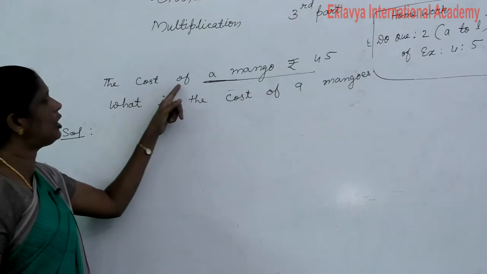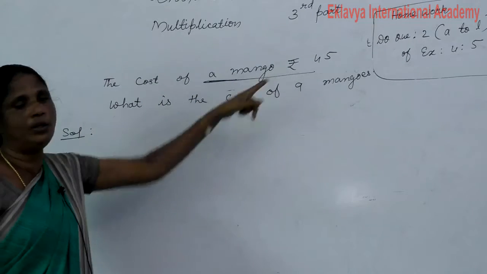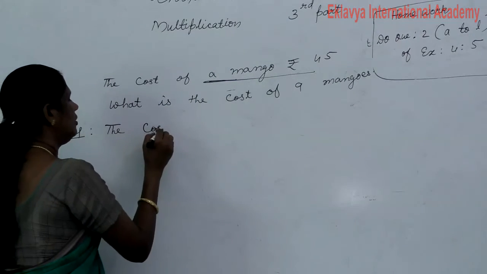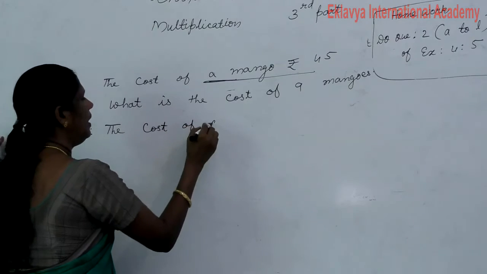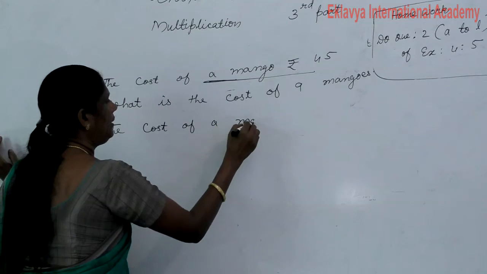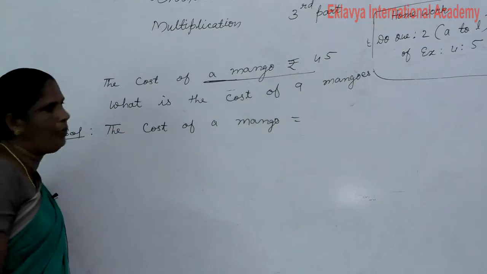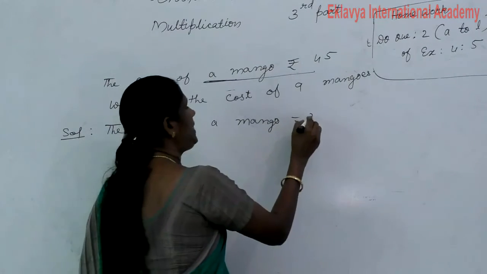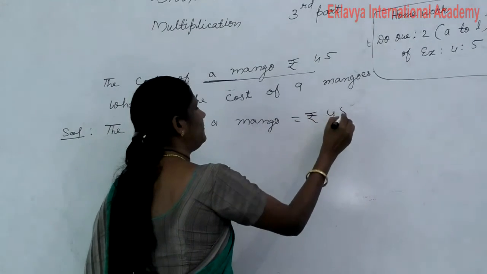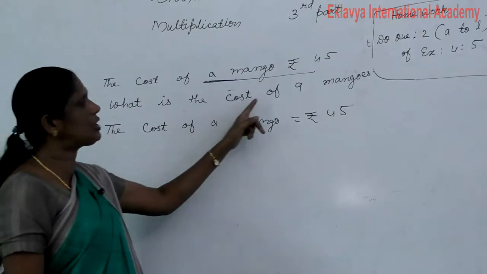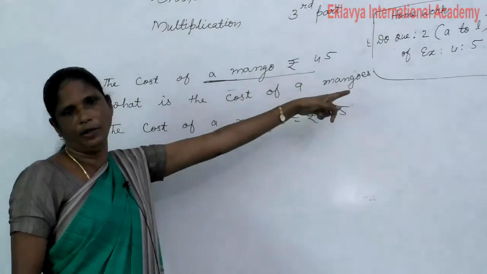The cost of a mango is equal to how many rupees? Rupees 45. Then second line, the cost of 9 mangoes.